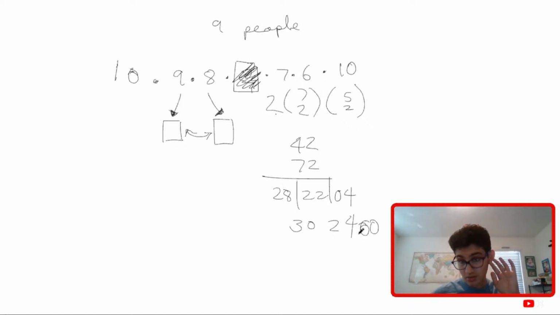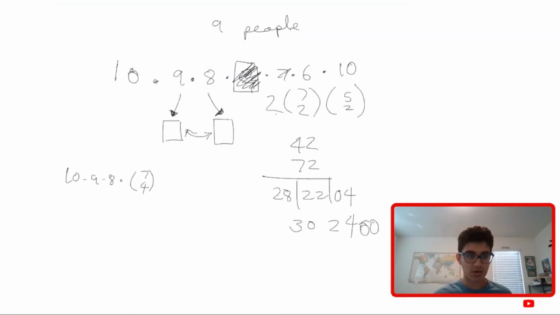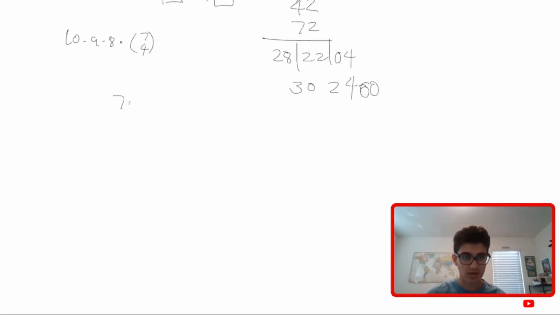Well, wait, actually, maybe, what if we do 7 choose 4? So we've got 10 times 9 times 8 times 7 choose 4, just to choose those lieutenant people. Maybe that's the way to do it then. Right? That might make more sense. The number will also be smaller. Let me try it and see. So 7 times 6 times 5 over 3 times 2.